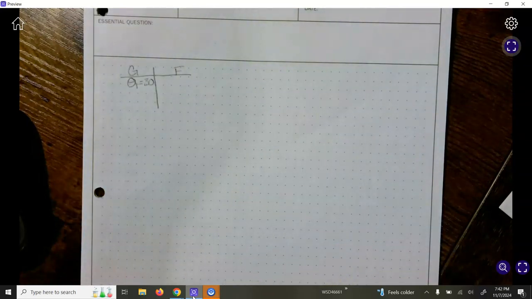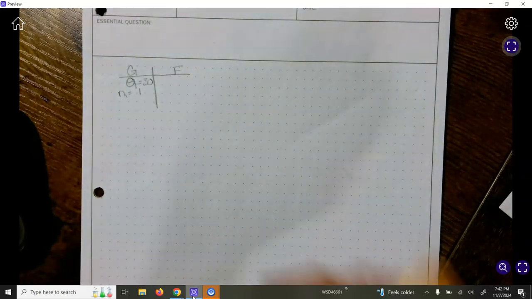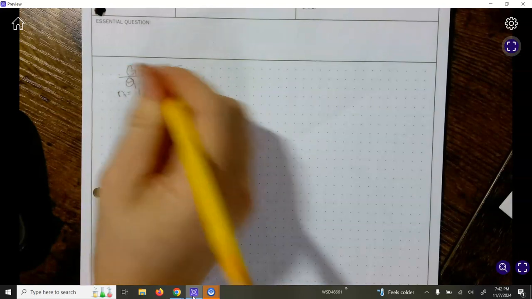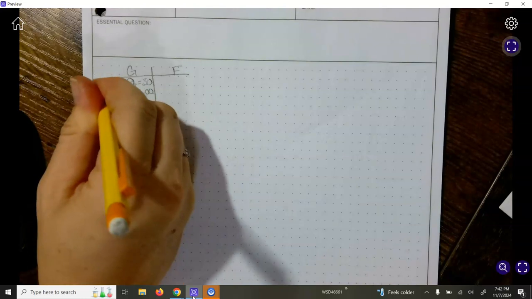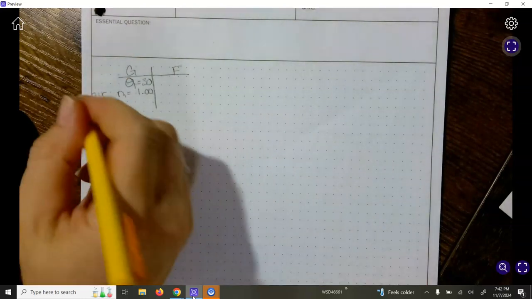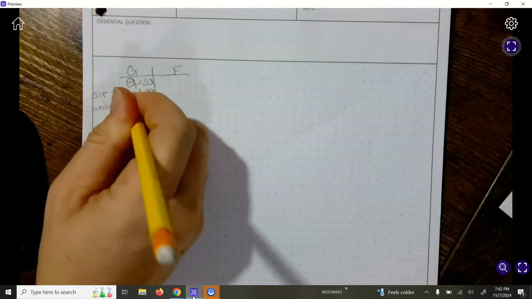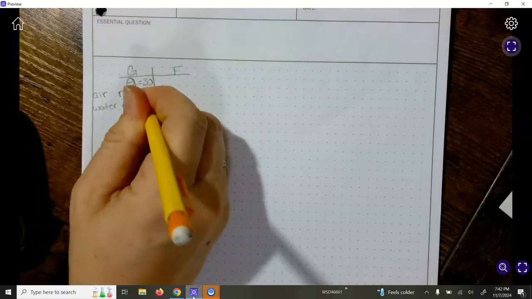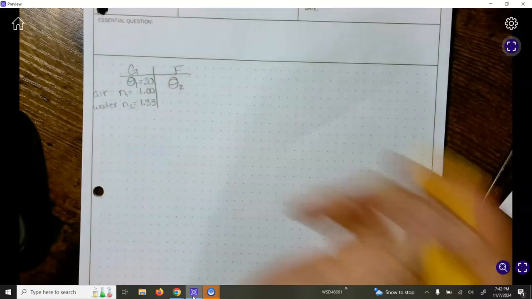N sub 1 was 1 because that was air. You can put 1.00. I don't care if you put the zeros there or not. But this was air. That's where my light ray was coming from. It was entering water. So N sub 2, which was also given, was 1.33. We want to find what theta sub 2 is.